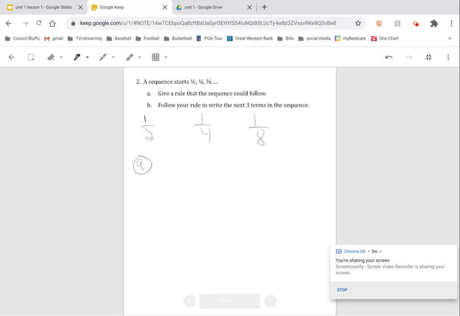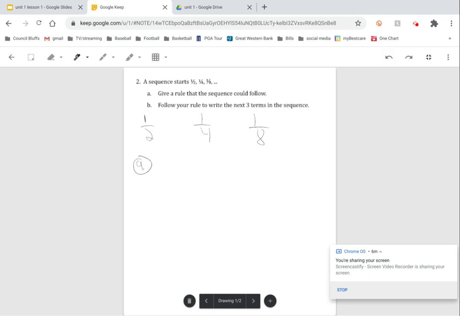Another way to describe it mathematically is to multiply each term by a half. A half times a half is a fourth: 1 times 1 is 1, 2 times 2 is 4. Same thing here. A fourth times a half is equal to an eighth: 1 times 1 is 1, 4 times 2 is 8.